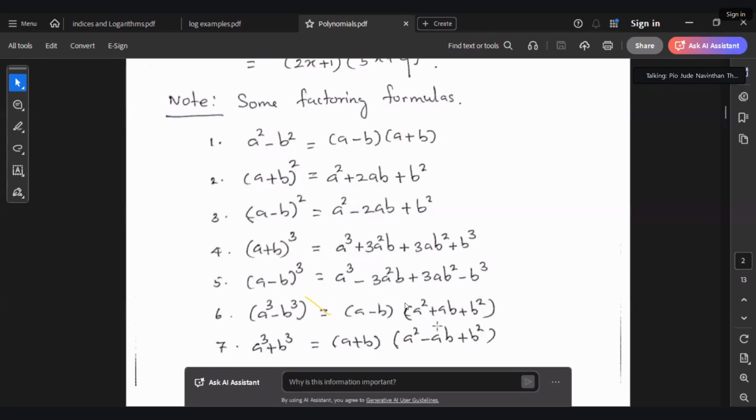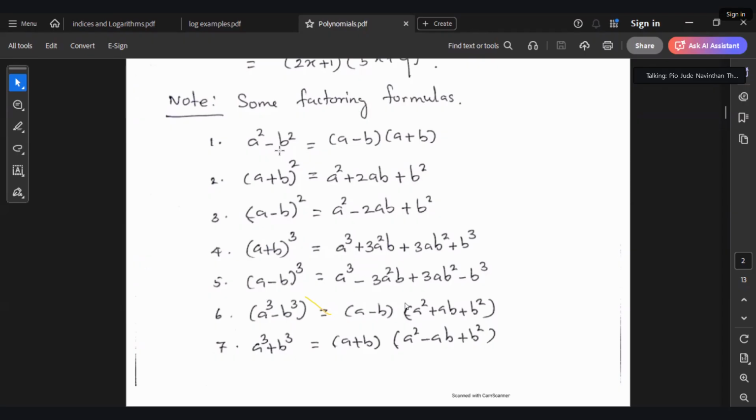A3 plus B3, we can relate these. Just check the previous one, how it is minus or plus, how we can write. Those things we can compare. But this is the unique one, only one formula. So this is fundamental.